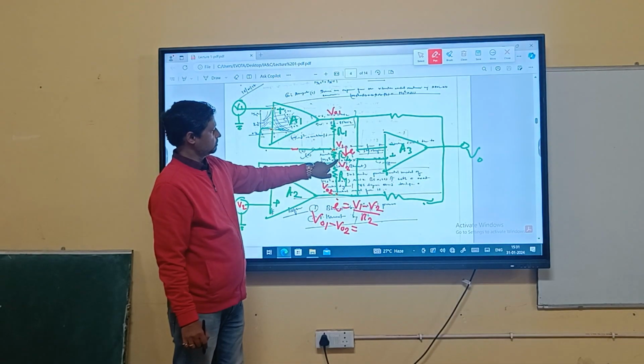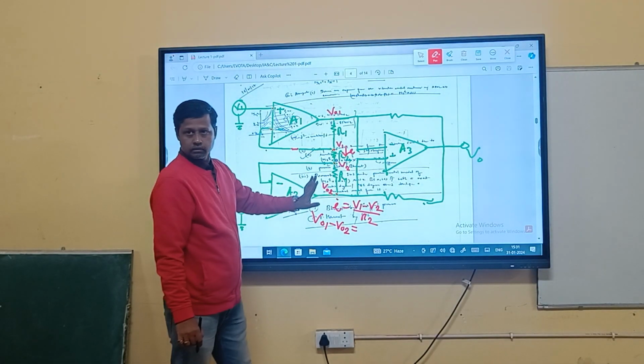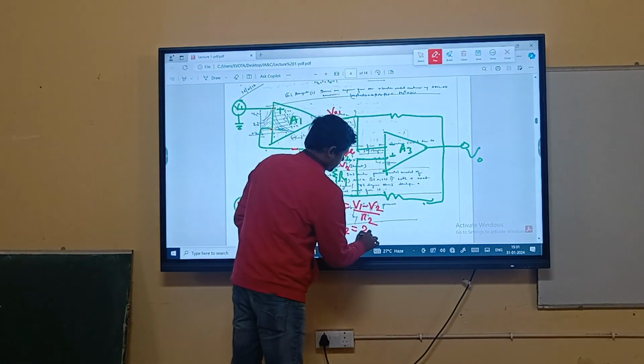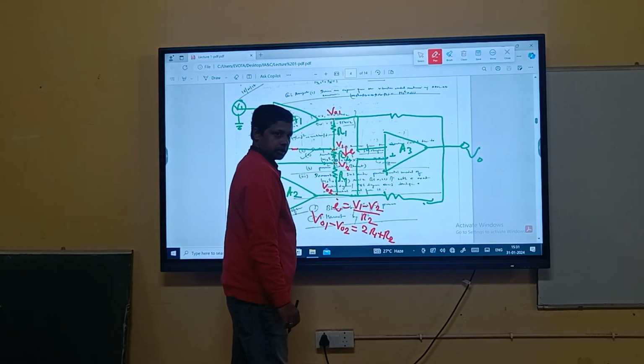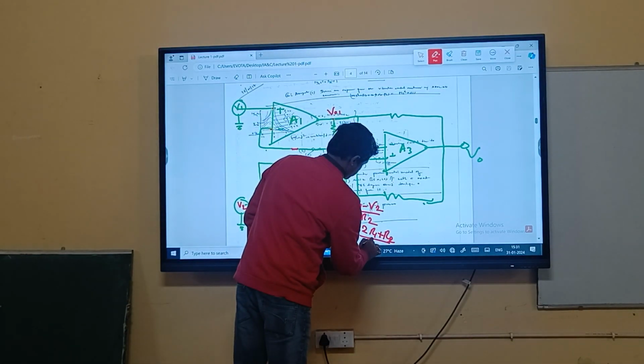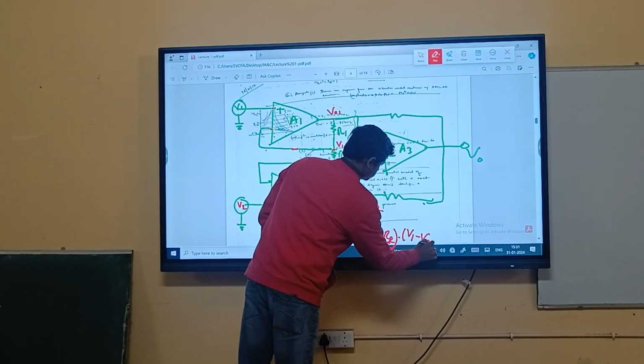Now R1 plus R2 plus R1, is it not? So it is (2R1 plus R2) upon R2 into (V1 minus V2).